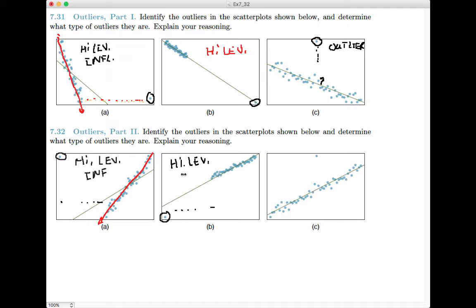To decide whether or not it's influential, we decide whether or not it would have any sort of change in the shape of the line. Now, this one is not as dramatic as it was in part A from 7.31, or again part A here in 7.32, but it is having some influence on the line.